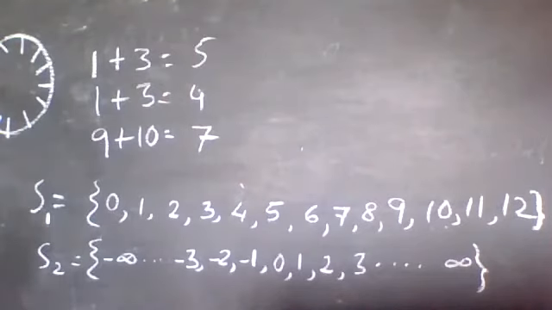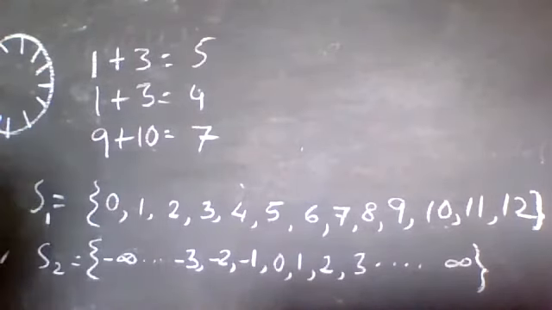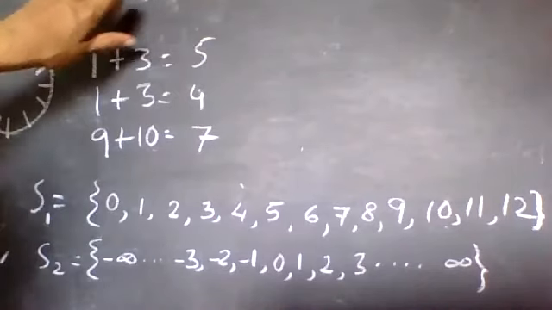Our plain number addition is valid for this set too. Say I have 9 plus 10, it is 19. 19 is also a member of the set. So plain addition is also allowed if we use the integers, the set of all integers, then obviously this relation holds good.